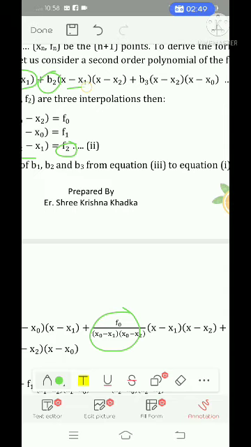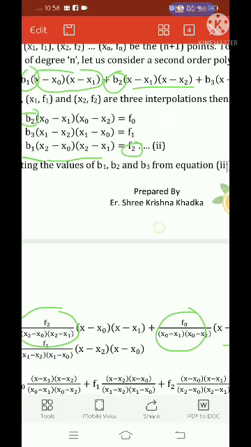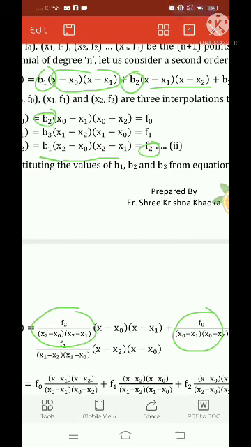Here. And this one beside it, x minus x sub 1, is this. Okay? The same with b sub 3. This b sub 3 was taken from here, the f sub 1 over x sub 1 minus x sub 2, so on and so forth.